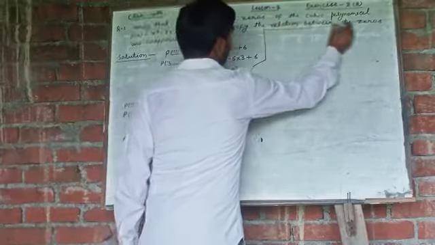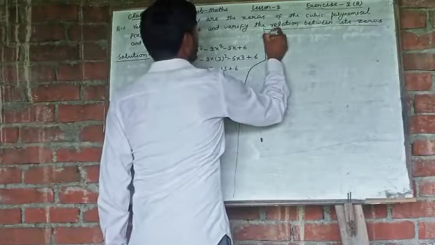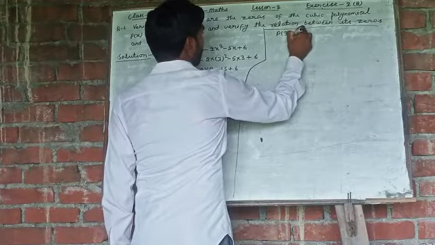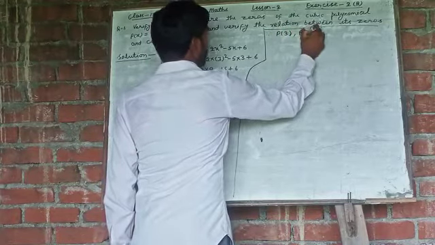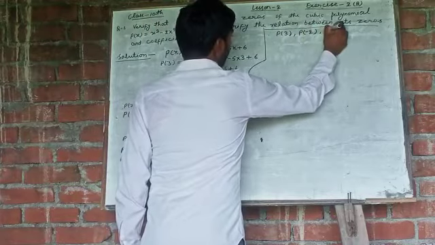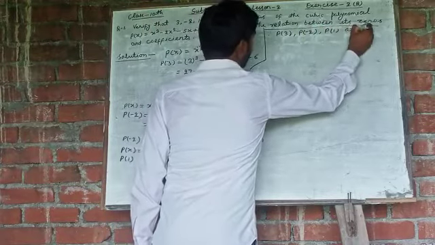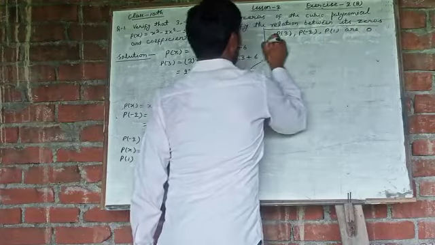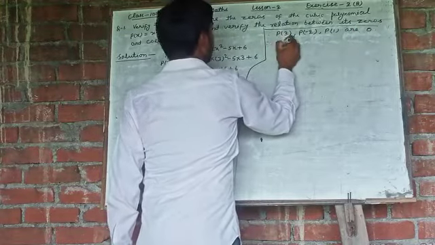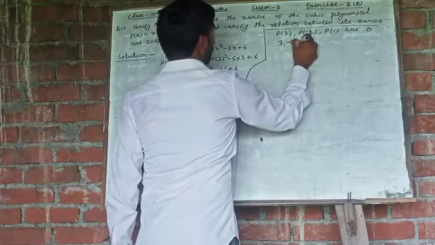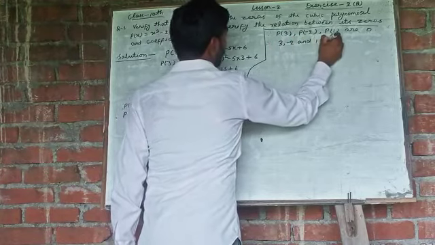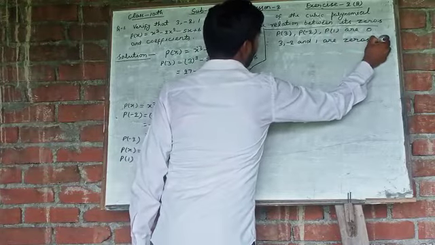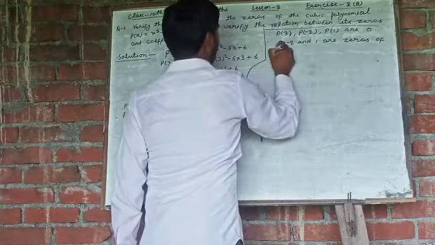Since p(3), p(-2) and p(1) are 0, 3, -2 and 1 are zeros of the polynomial.